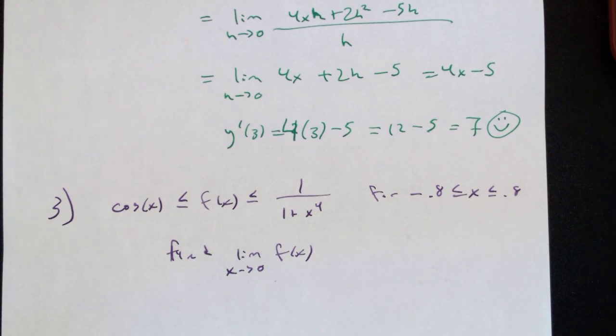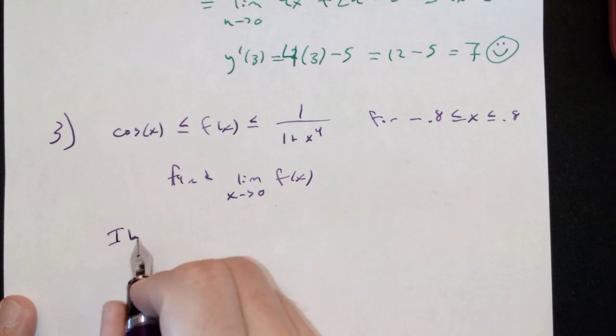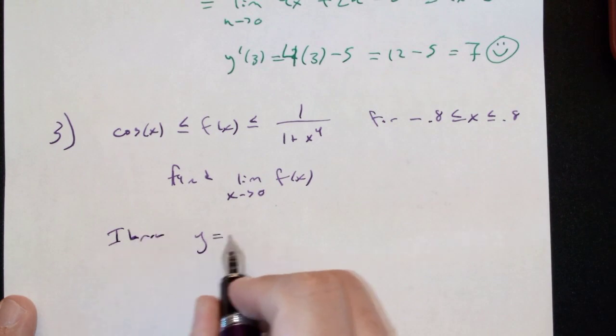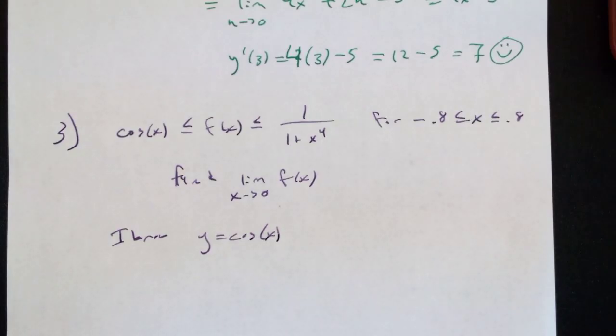So I say to myself, I know y equals cosine of x. What kind of function is that? That's what its picture looks like. What category of function is that? Somebody just muttered, it's a trig function.